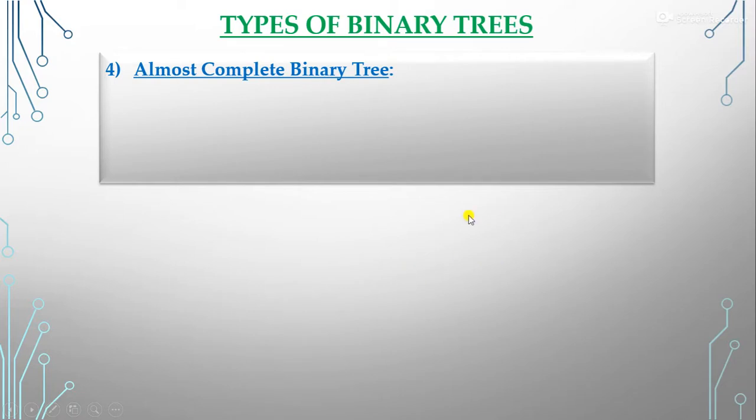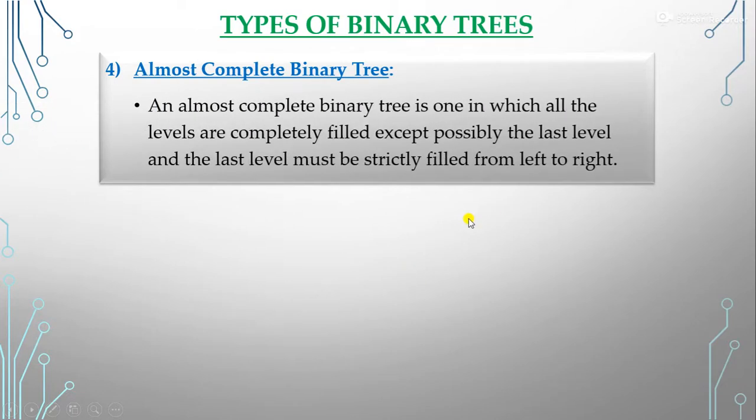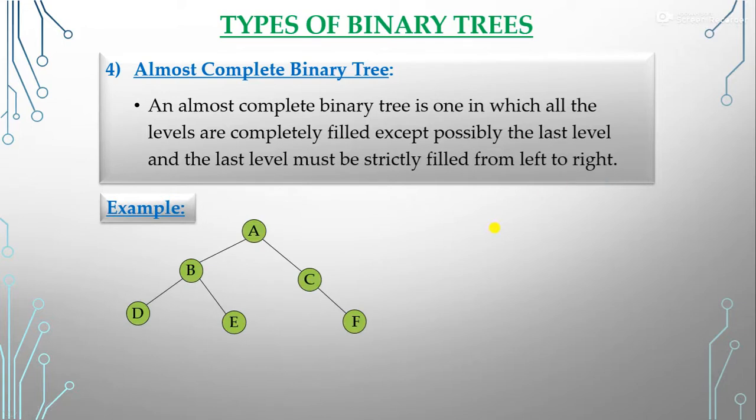the almost complete binary tree. What is an almost complete binary tree? An almost complete binary tree is one in which all the levels are completely filled except possibly the last level, and the last level must be strictly filled from left to right. So is this one an almost complete binary tree? No. Why?